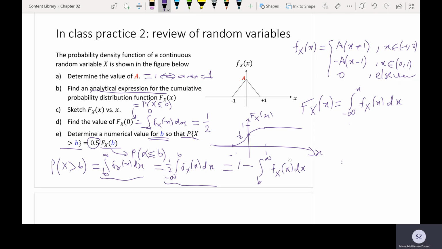So it will be half minus half of this. You need to integrate, solve the equation, and you get what b is.